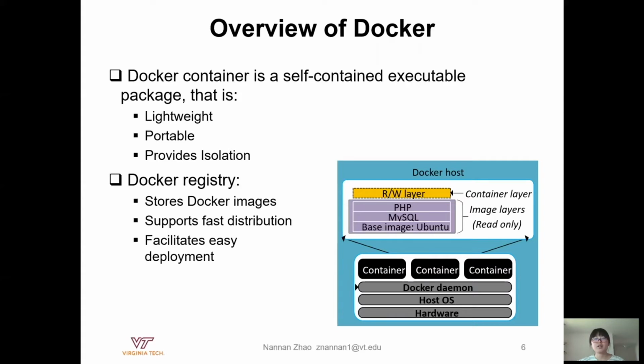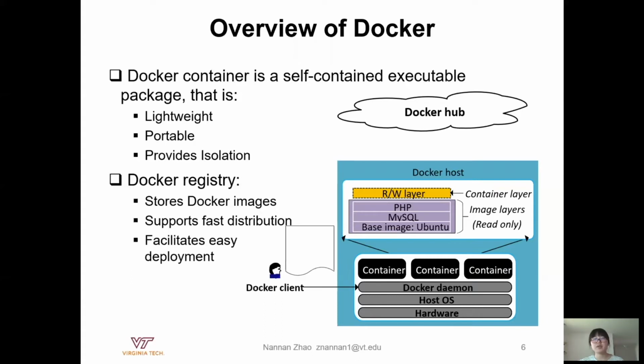A Docker image contains a list of layers and an image manifest. Docker images are stored by Docker registries, such as Docker Hub, which enables easy deployment and faster distribution. A Docker client can pull an image from a Docker registry, run a Docker image as a container instance, build a new image, and push the new image to the Docker registry.